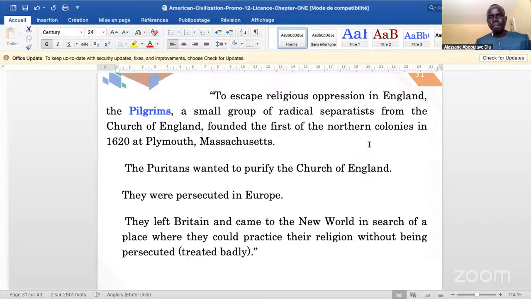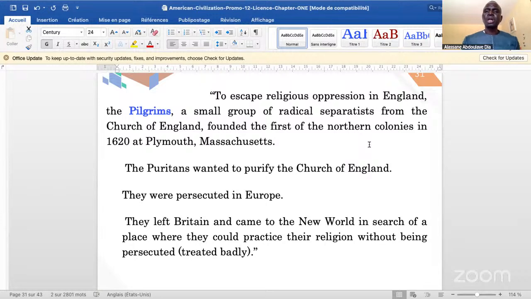And now I come back to the religious issue. In the domain of religion, you need to know some details about those people called Pilgrims or those people called Puritans.